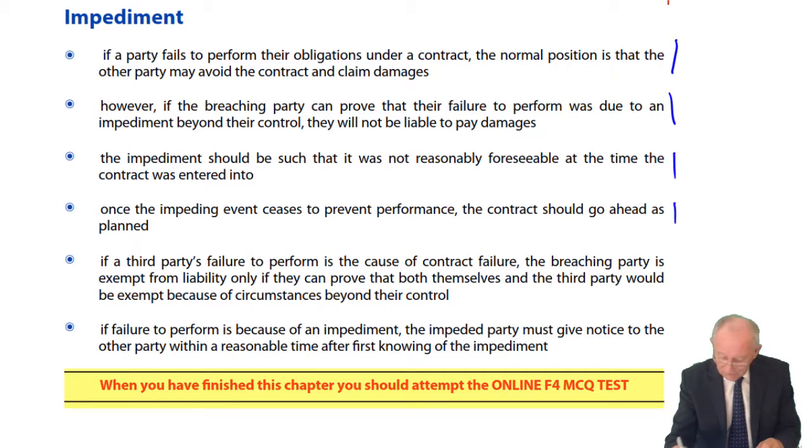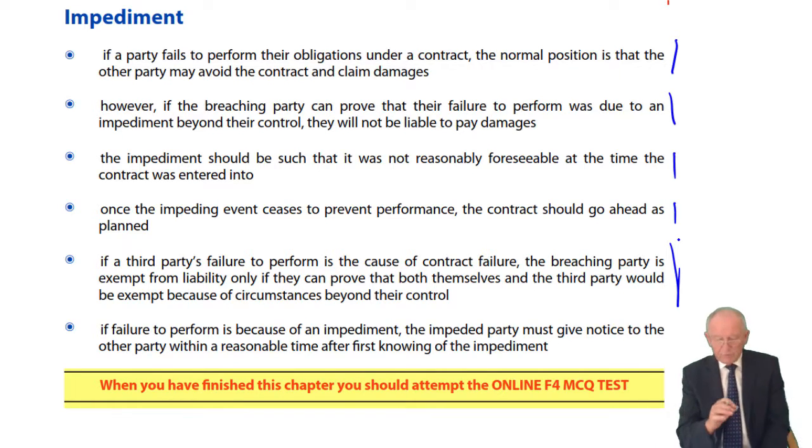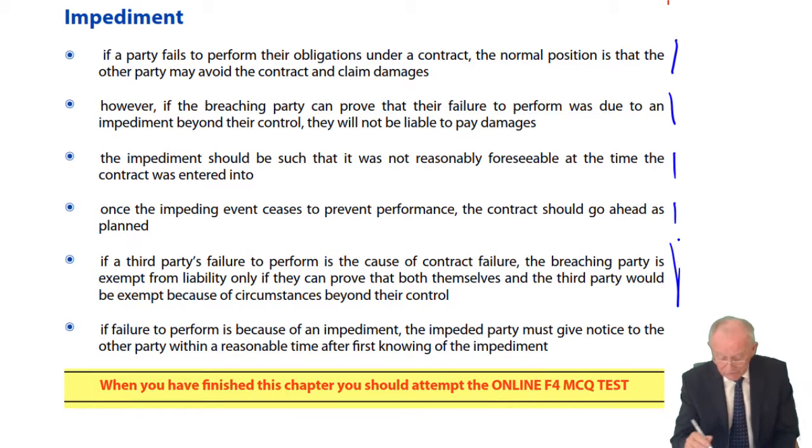Third party's failure to perform. If a third party's failure to perform is the cause of contract failure, say the local government has failed to repair the road that was damaged 3 weeks ago, and that is now the cause of my breach because I can't get through to you, then we have a different situation.